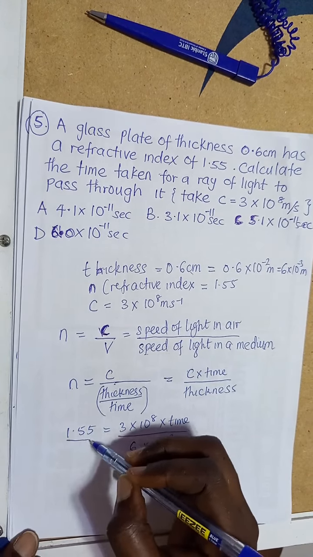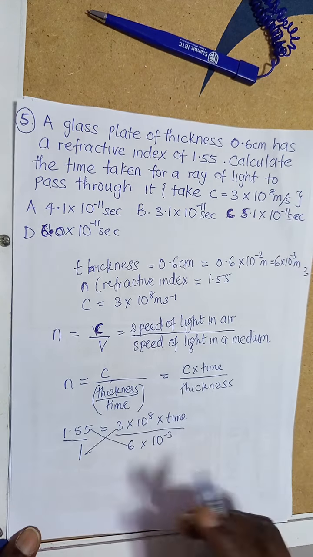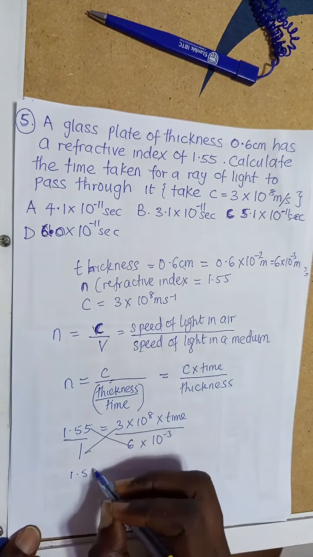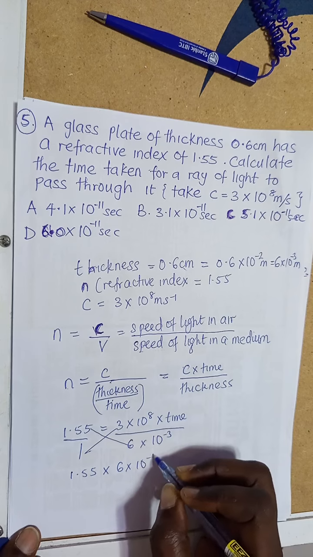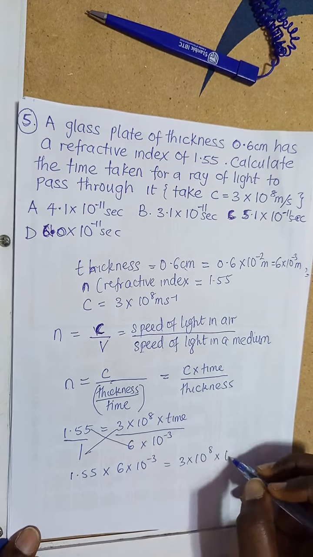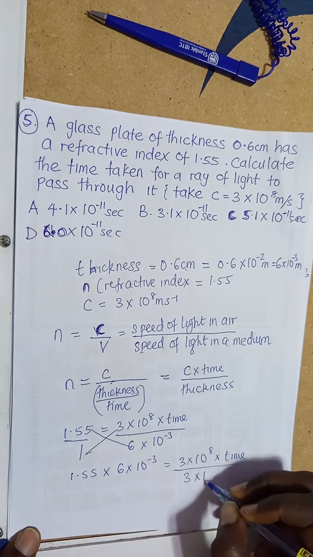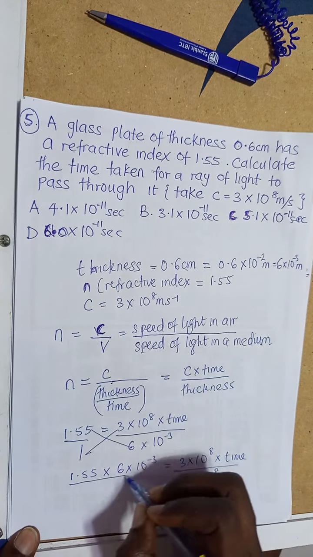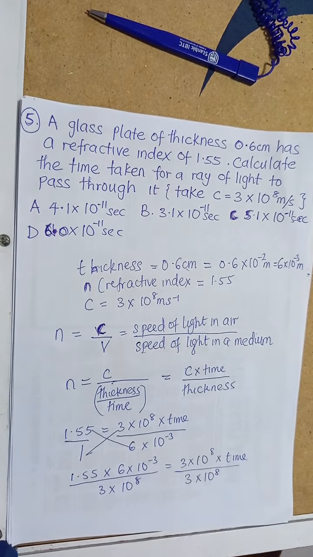So if you cross multiply now, I'm going to have it as what? 1.55 times 6 times 10 raised to minus 3 equal to what? 3 times 10 raised to 8 times time. Now making time stand alone, divide both sides by 3 times 10 raised to 8, so that we can make time the subject of the formula.